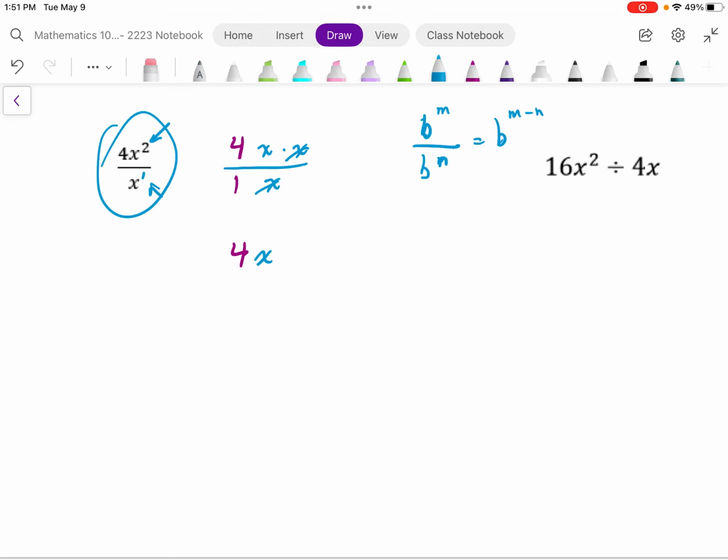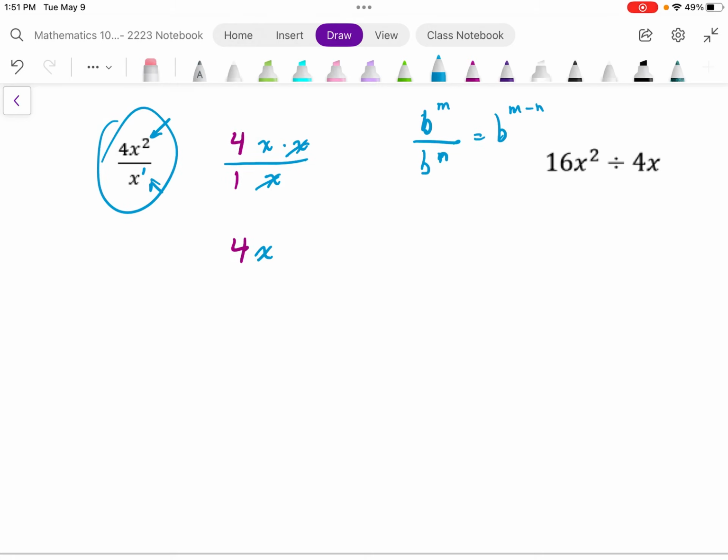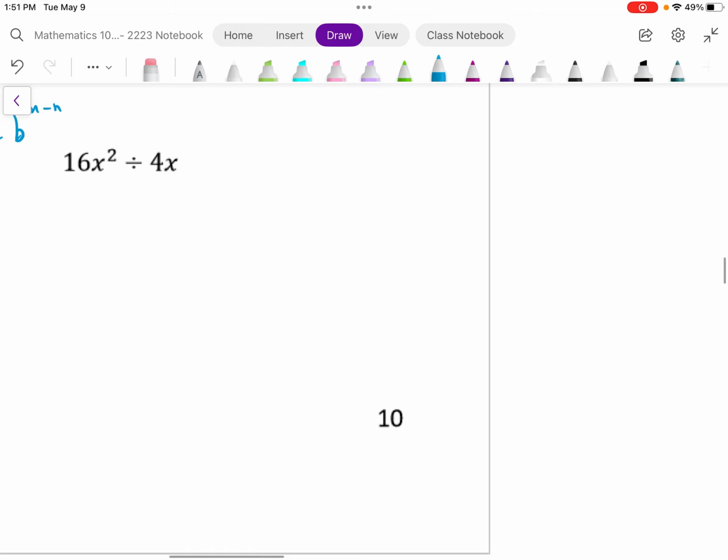This is x to the power of 2 divided by x to the power of 1. So we can just say this would be equivalent of saying 4x to the power of 2 minus 1, or 4x to the power of 1. All right. I think I'm getting it again. The coefficients act independent of the variables.